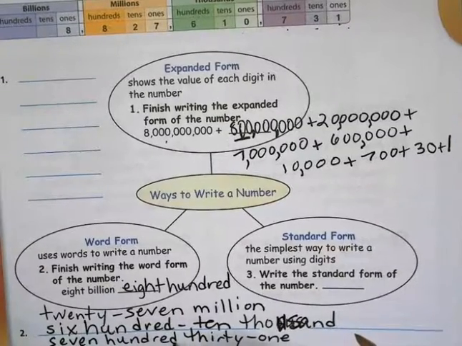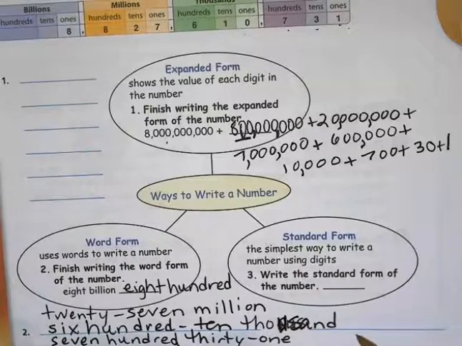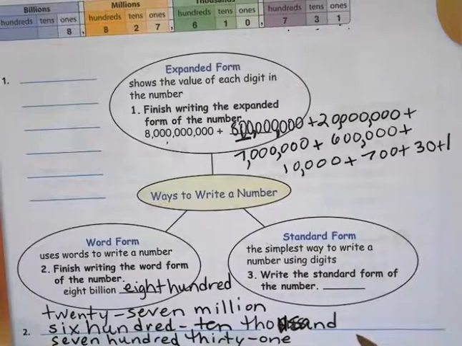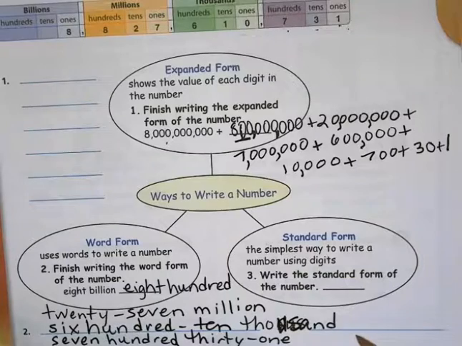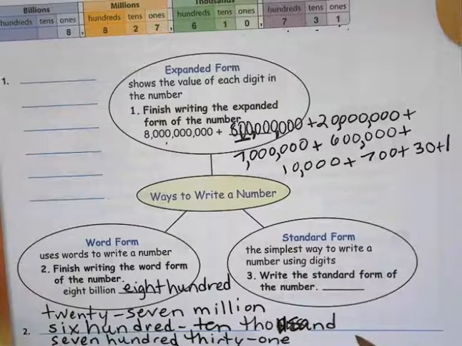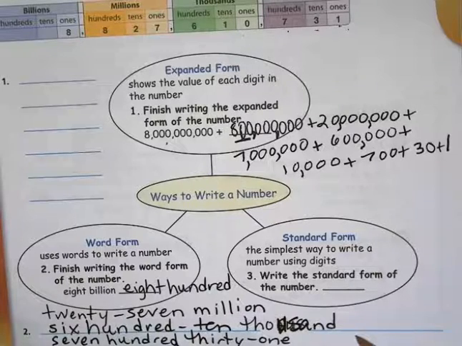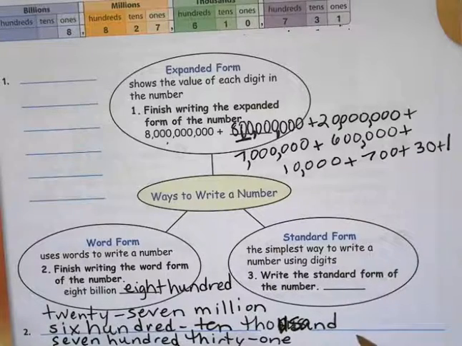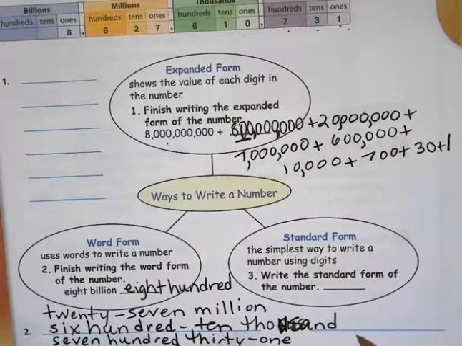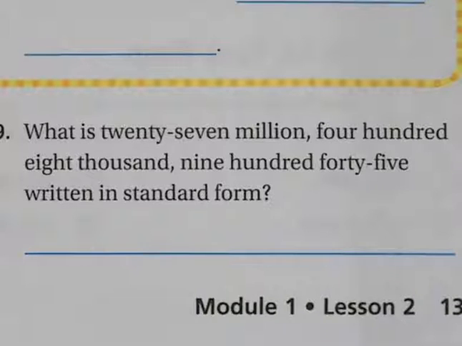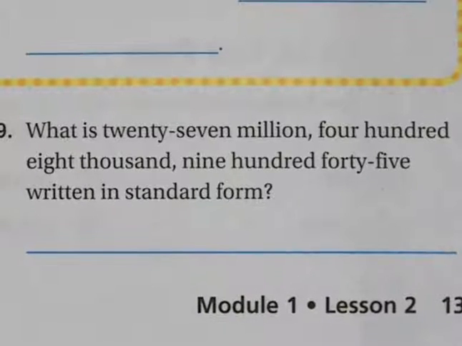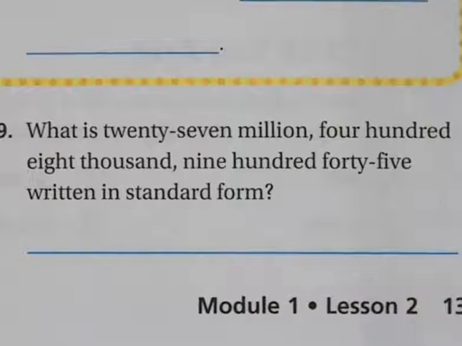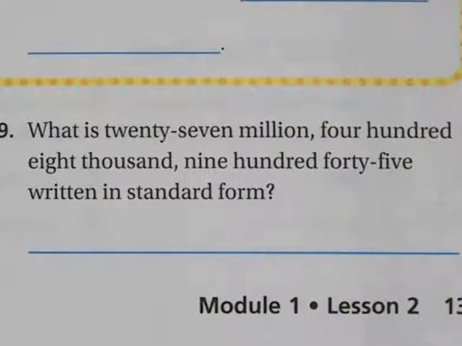So remember, when you see word form in a word problem or story problem, you need to write the actual number on top or to the side of your word problem. So let's say I have a word problem that says, let me see if I can find an example real quick. What is 27,408,945 written in standard form?